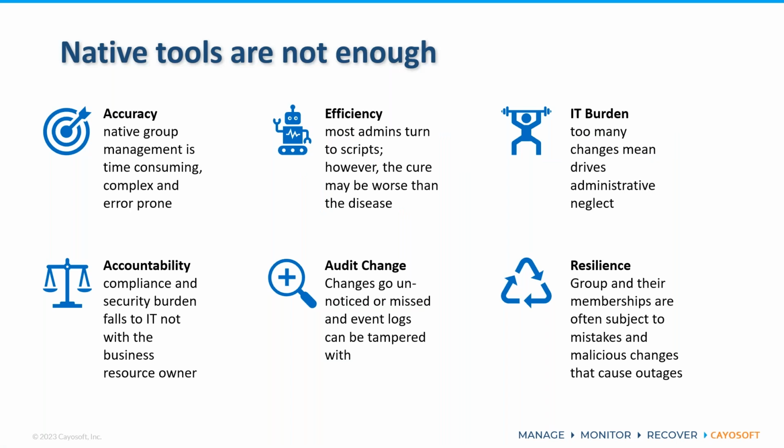Pretty simple. As you saw earlier, number one concern was accuracy. So native tools are not enough to keep groups accurate. That's a major, major issue. Native group management is always time sensitive. People want their access right away. And so there's an emphasis on getting somebody into a group.